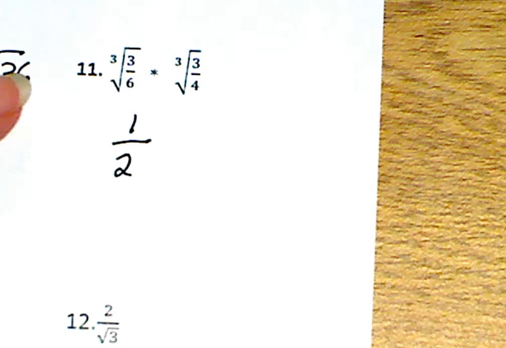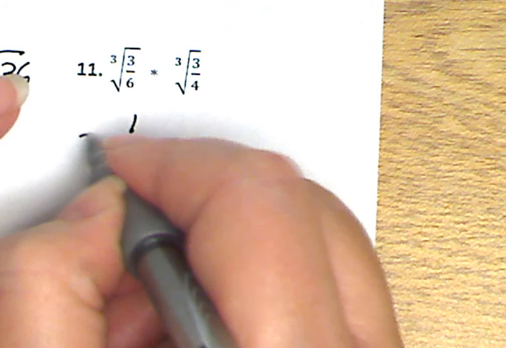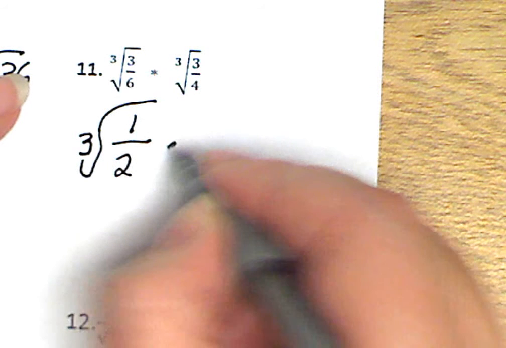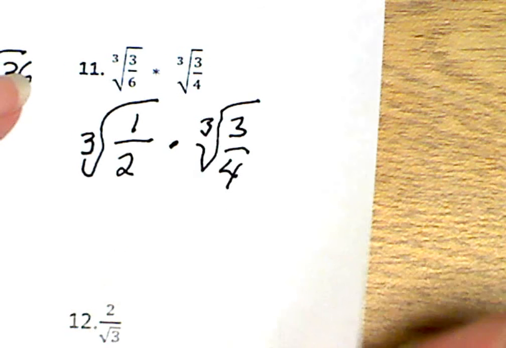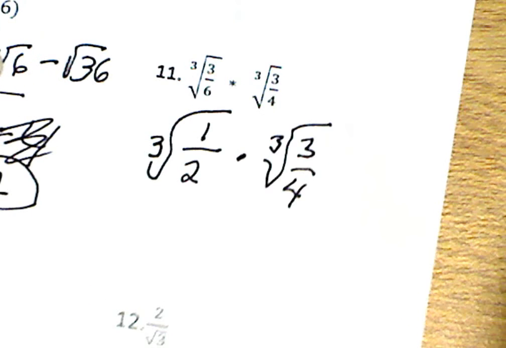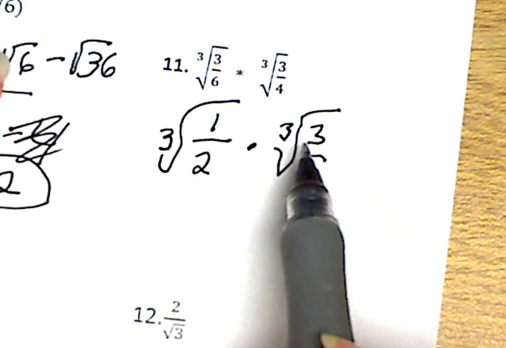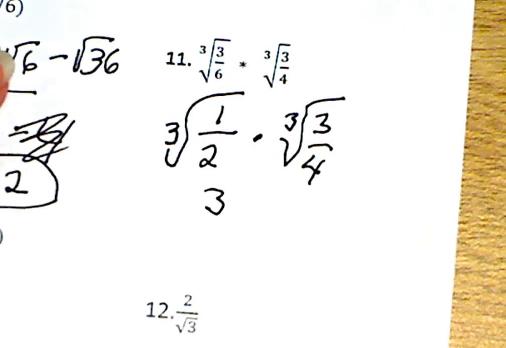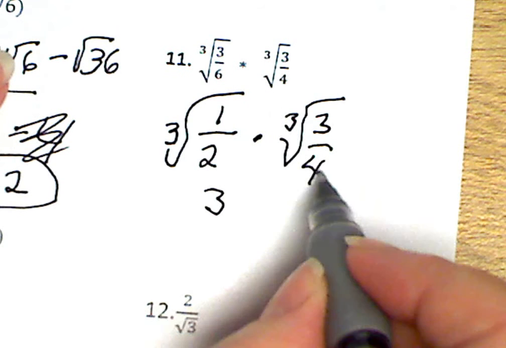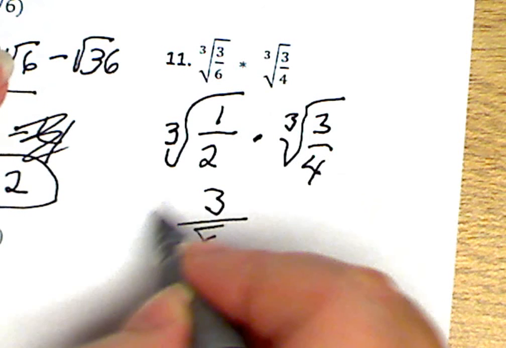Keeping my cube root sign. Whoops. So now you can multiply across, remember. So you have 1 times 3, which gives me 3. 2 times 4, which gives me 8. And remember, it's still the cube root.